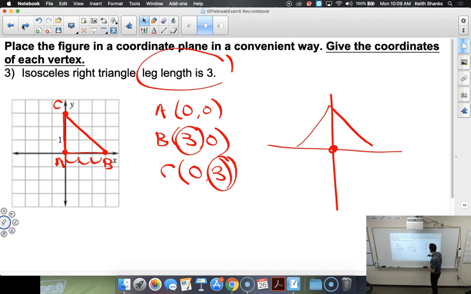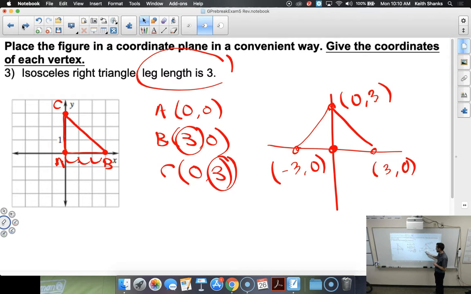Oh, okay, wait, so you did it like this? So you had 3, 0 here, and then you had 0, 3 here, and then this one you had 0, negative 3. So I should have had 0, 0 instead of negative 3, 0.